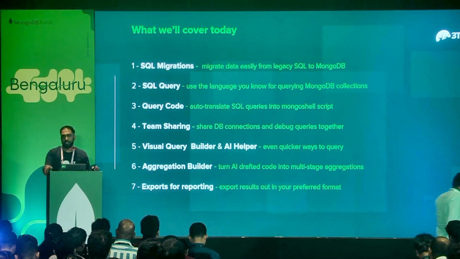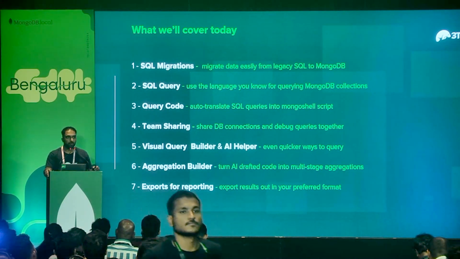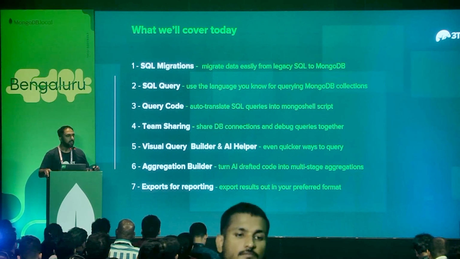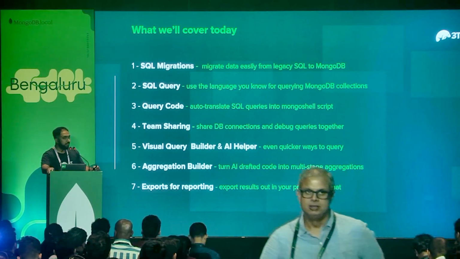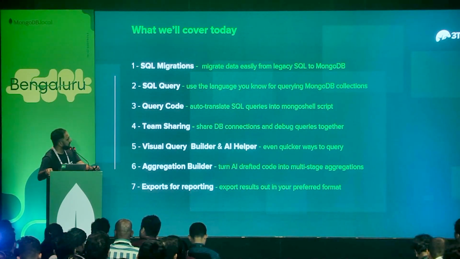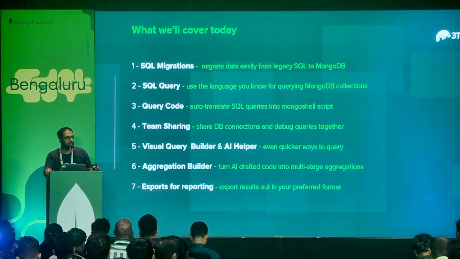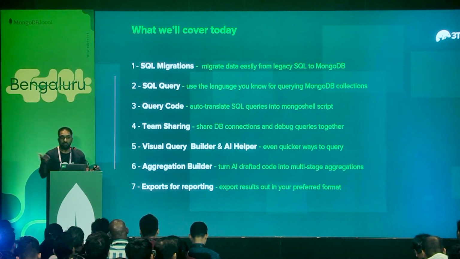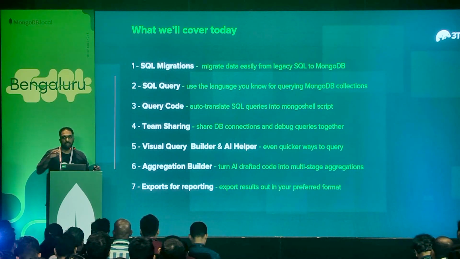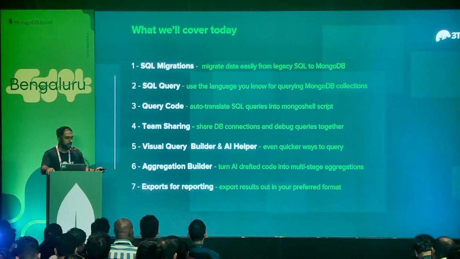Then there is the team sharing functionality, something that we have been pretty excited about over the last few months at our labs, where you can take collaboration to the next level, working on your MongoDB project. And then the Visual Query Builder and the AI Helper, some of the most popular tools that we have, where even someone absolutely new to MongoDB and Studio 3T will be able to build complex queries using a drag and drop model of writing them. And of course, the aggregation builder and exporting all of these results overall.